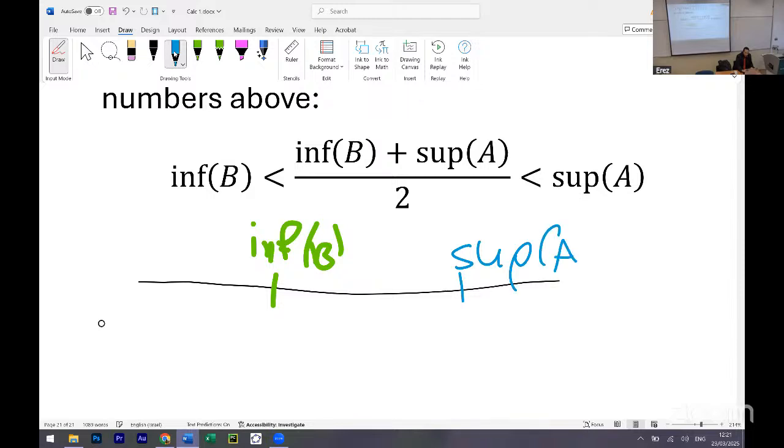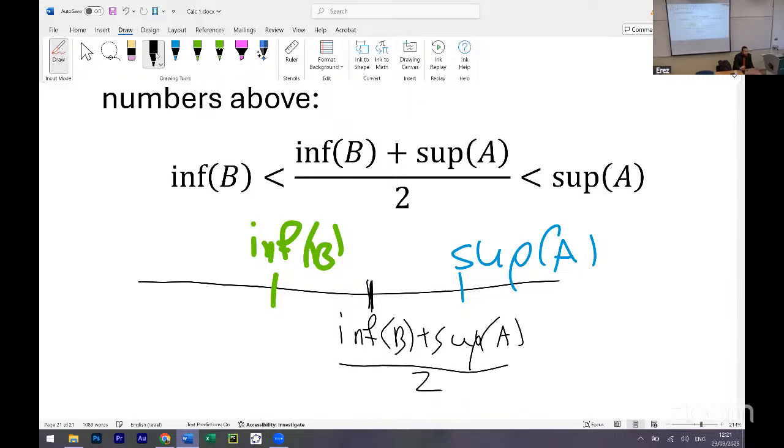You are correct, Omar. You are correct. And I'm drawing it, but it's exactly as you said. The middle part, well, it's not exactly middle. The middle part is here. That's inf B plus sup A over 2.